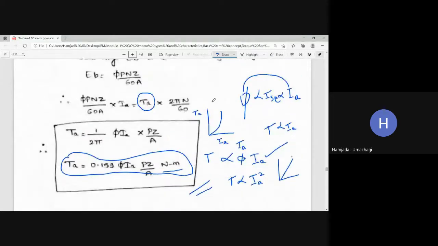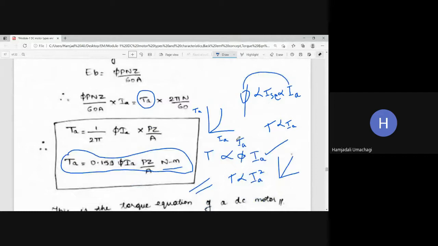If it is a DC series motor, then flux phi is directly proportional to Ia. Then your torque equation, phi becomes Ia, so it will be Ia square. So the DC series motor has large current and large starting torque. But if it is a DC shunt motor, the applied voltage is constant.